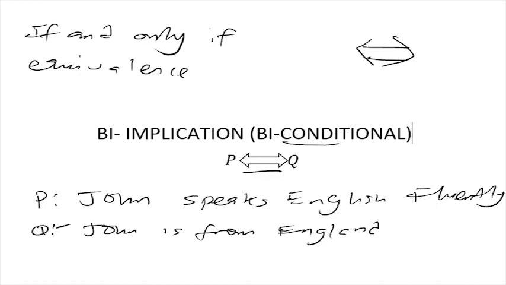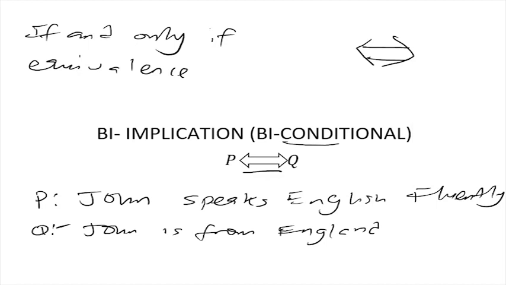And in contrast, if John does not speak English fluently, you don't need to ask him any question further. You can conclude that John is not from England. So that's the way it operates. Bi-implication means that P being true means that Q will be true. P being false means that Q will be false. So the only time you have a true result is when both of them are equal.